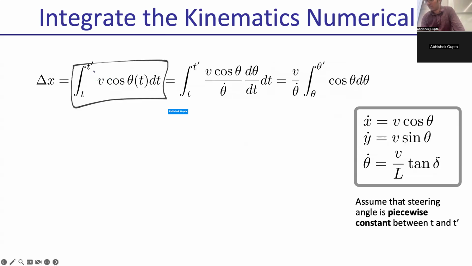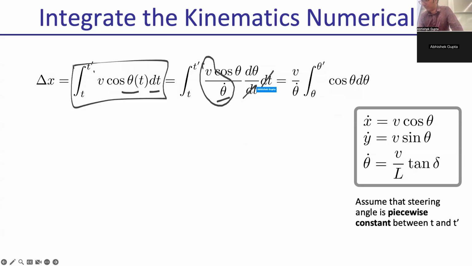And so the steps are: you take this integral, and you say my integral variable and the function are not in the same variable right now. So I'm going to multiply and divide by d theta over dt, and then say that theta dot is going to be constant. So I can take it out of the integral because it's constant, and I can cancel the dt's.